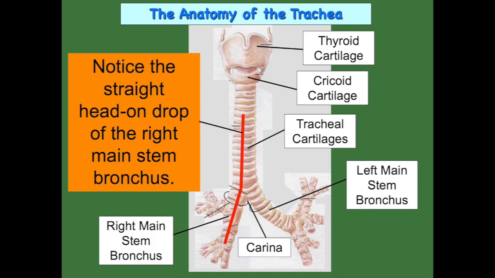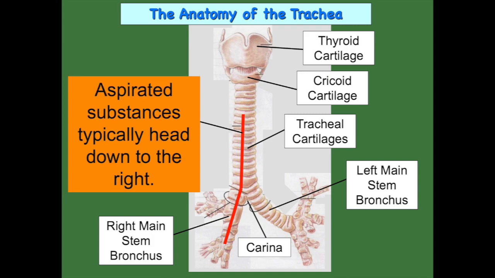So most of the aspirate is going to go down straight because of gravity, straight into the right main stem bronchus, although of course we can have materials and particles and liquids and acids enter both of the main stem bronchi. Again, that is where the aspirated substances typically head, and it's down and to the right.